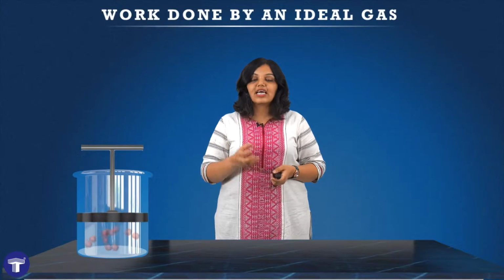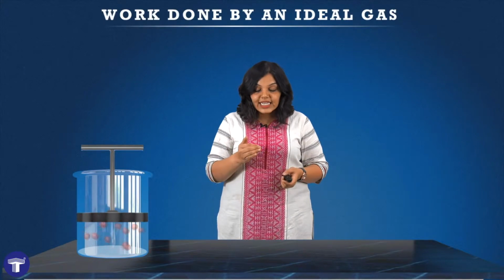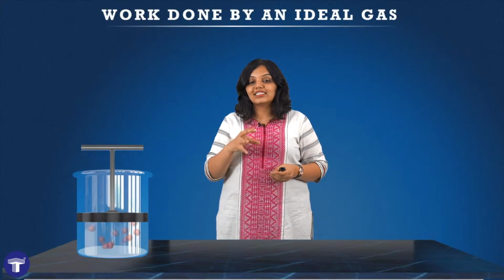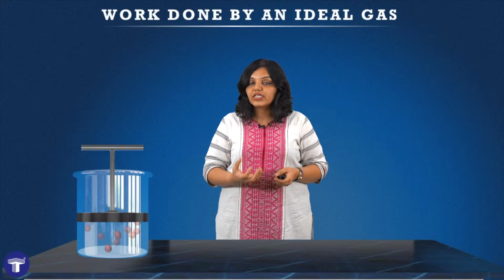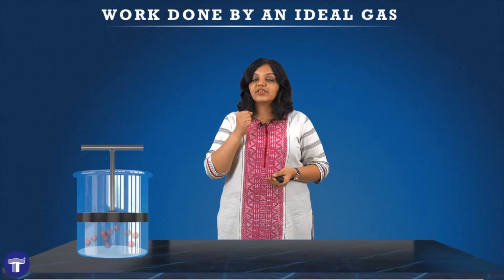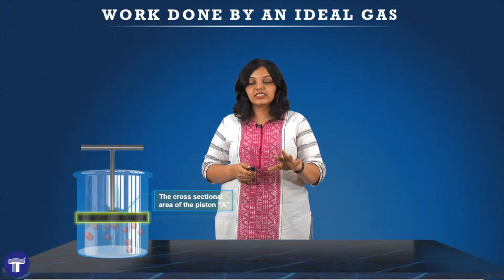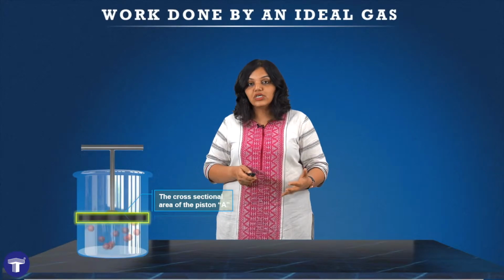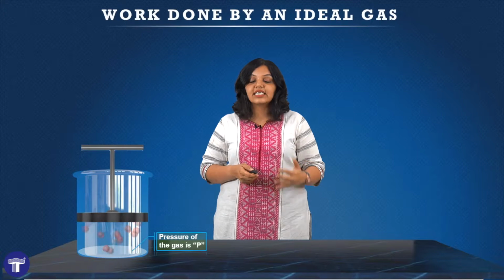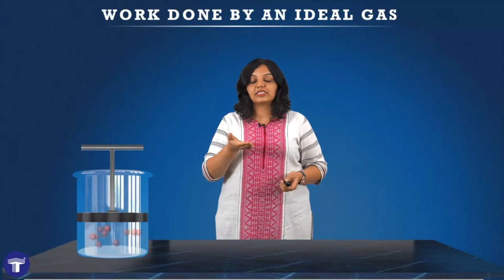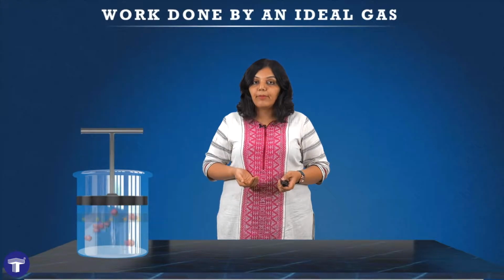Now, normally to understand the work done by an ideal gas, we take a system that looks exactly like this. We take a beaker in which is our system, that is the ideal gas, which is the red molecules that you can see. This beaker is fitted with a piston, and initially we say that the cross-sectional area of this piston is A, and the pressure of the gas is capital P. Because of the pressure, the gas might push the piston upward.